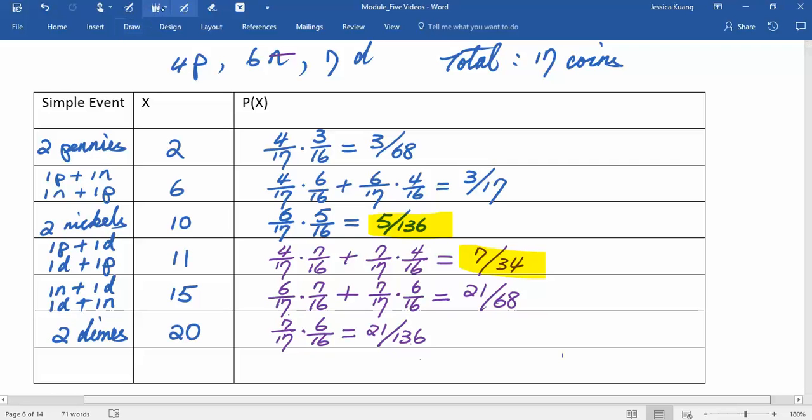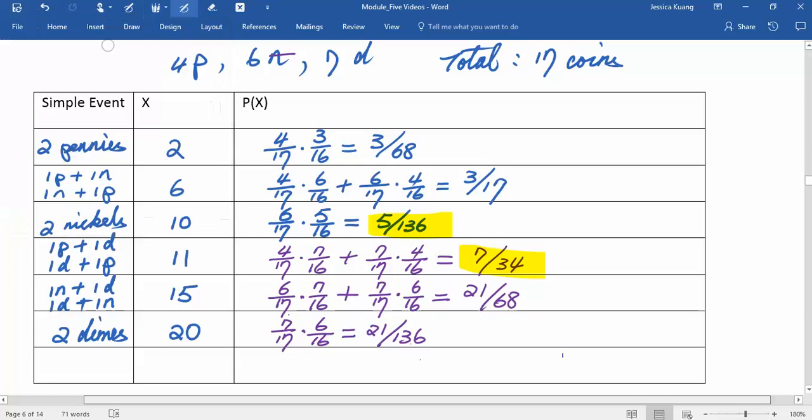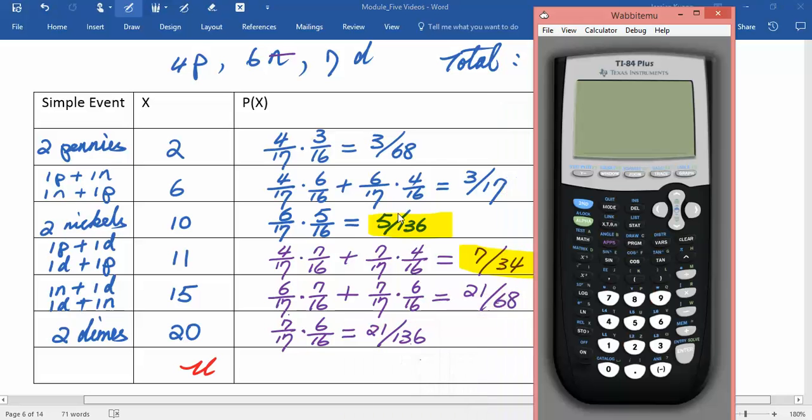Now the last thing I have to do is to find the mean, the expected value. So mu would equal what? To carry out this calculation, I will need some help from my graphing calculator.